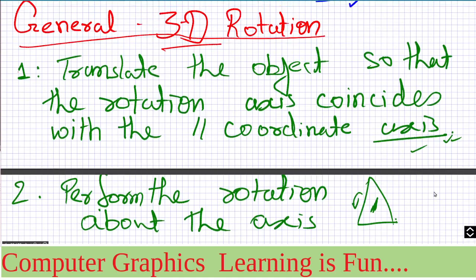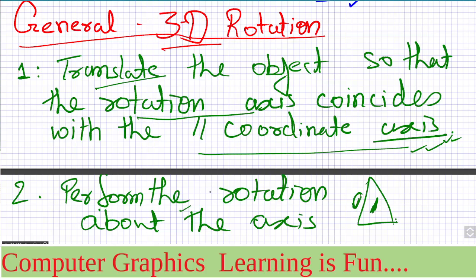This is our general 3D rotation, and here we are thinking about rotating an object about any axis. In that case, we will translate the object, bring it to a place where the rotation axis, which may be in the middle or center, coincides with a parallel coordinate axis. Once it is on the coordinate axis, you can easily perform the rotation.